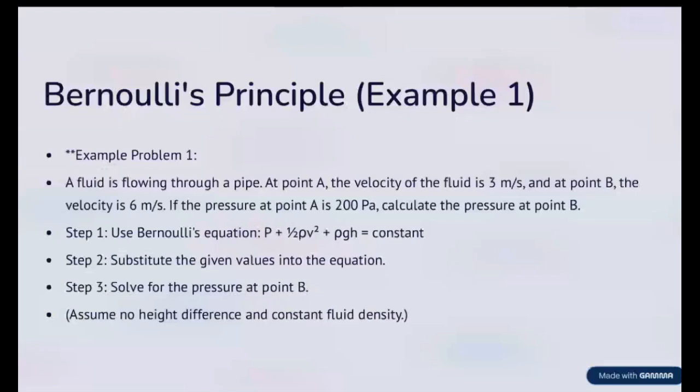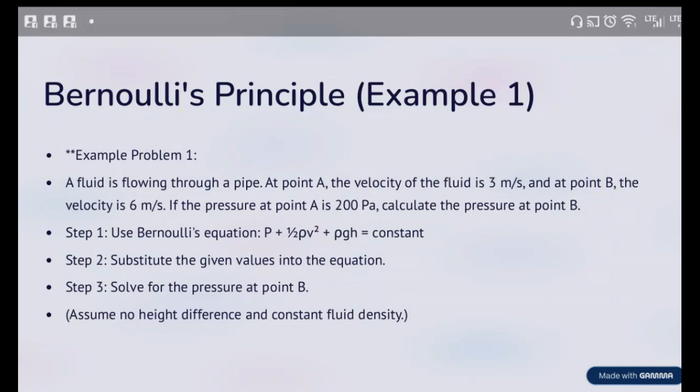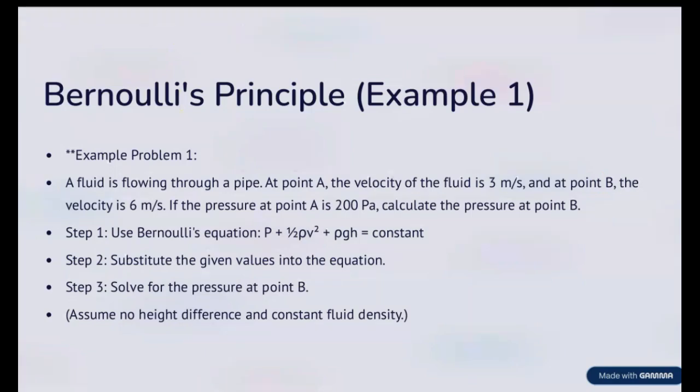Meaning we have a pipe, and at point A it has a velocity; by the time it moves to point B, it has a different velocity. The question is asking us to find the pressure at point B.